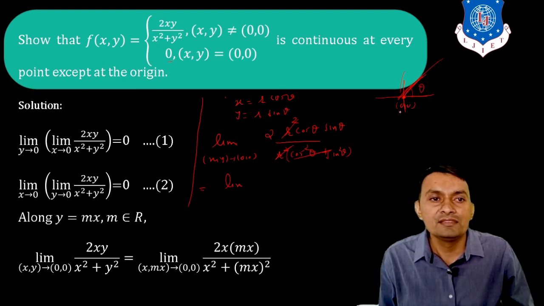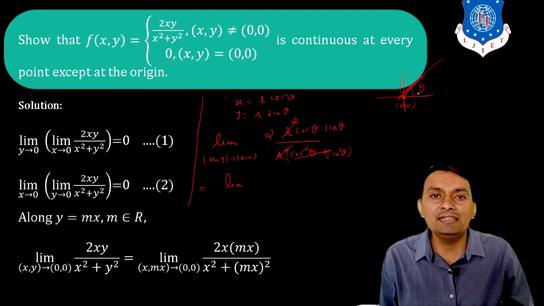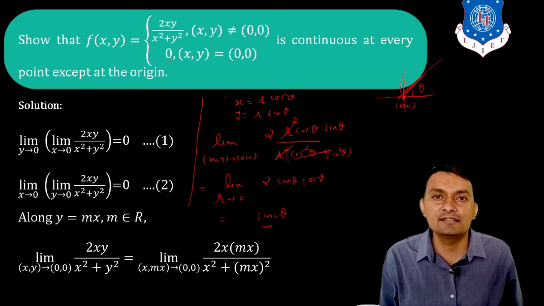Suppose I want to reach the origin, it is sufficient to assume that r tends to 0. Whether the angle is 180 or 360 doesn't matter. So this can be written as limit r tends to 0 of 2 sin theta cos theta, which is exactly sin 2 theta, and that is our final answer.